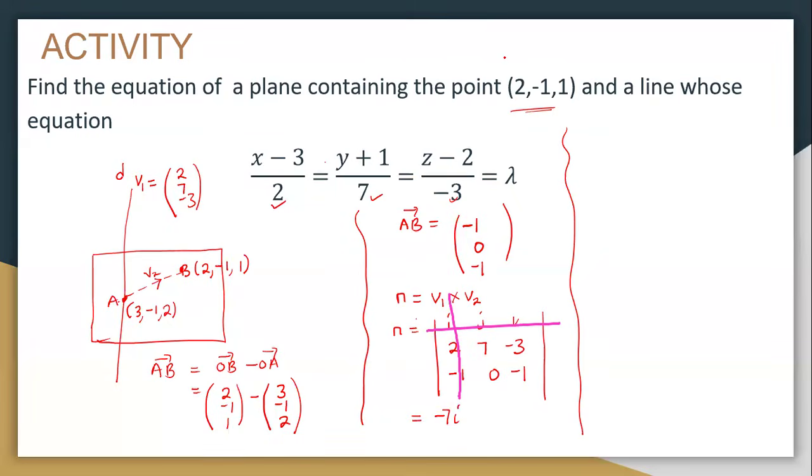When I go on to the second, you note that for the second, I'm going to have this go away and this go away. So I'll have 2 times negative 1, minus negative 1 times negative 3, which gives us negative 2 minus 3, which gives us a negative 5.